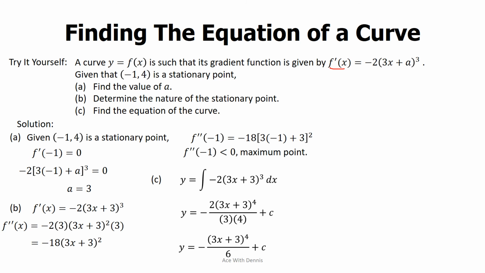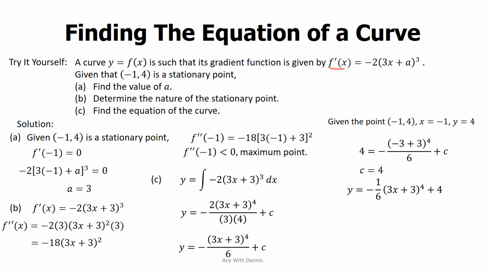Simplify, we get y equals negative (3x plus 3) to the power 4 over 6 plus c. Given the point (negative 1, 4), which means x equals negative 1, y equals 4, we substitute in the equation, 4 equals negative (3 plus 3) to the power 4 over 6 plus c. Hence, c equals 4.